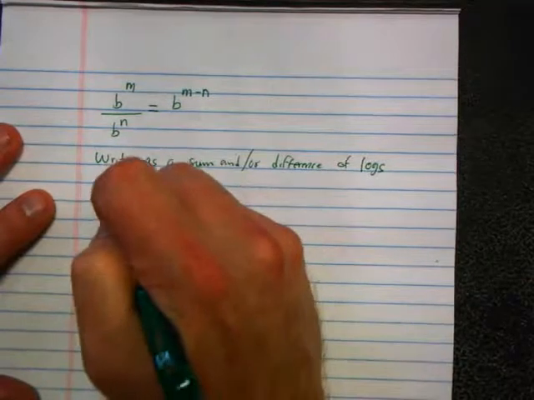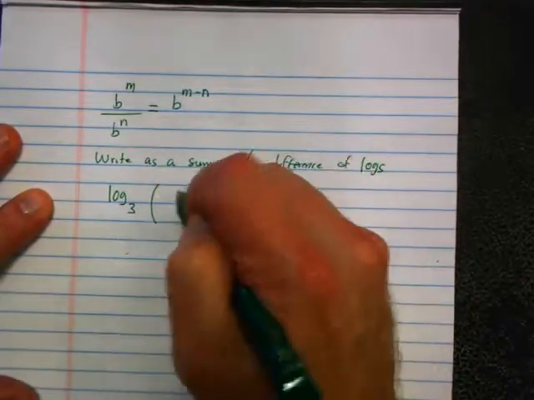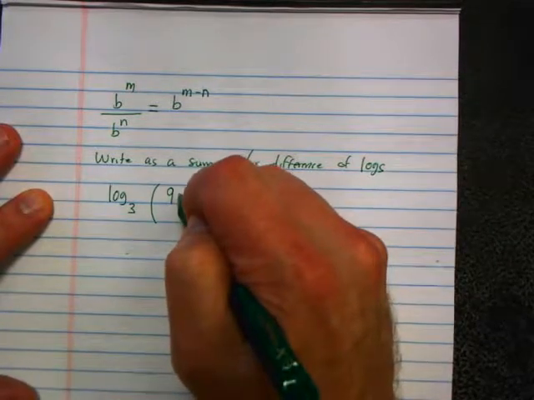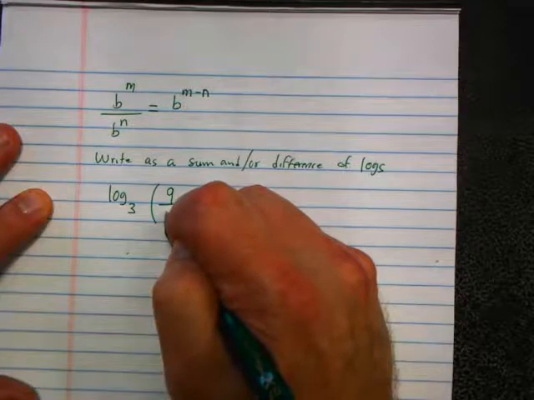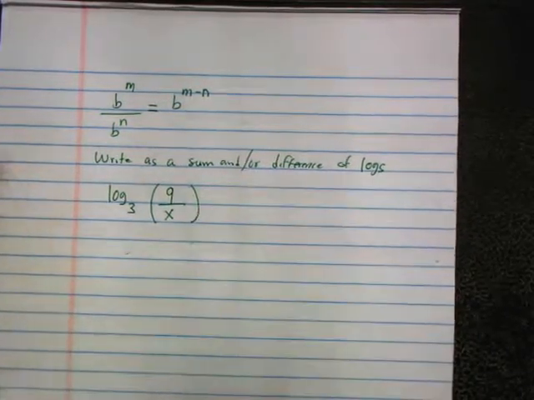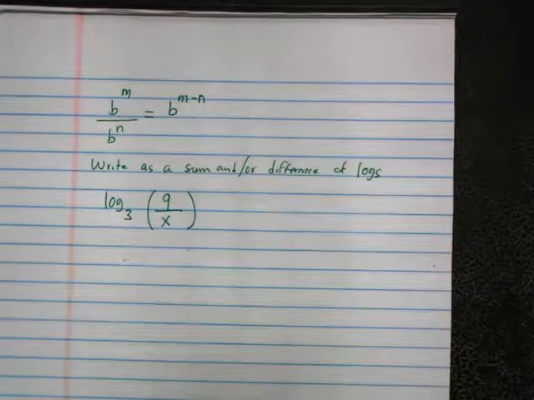So I might give you log base 3 of 9 divided by x. 9 divided by 3, you would just divide 9 divided by 3 is 3.